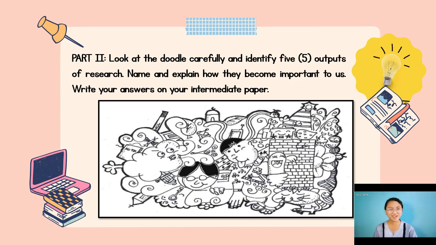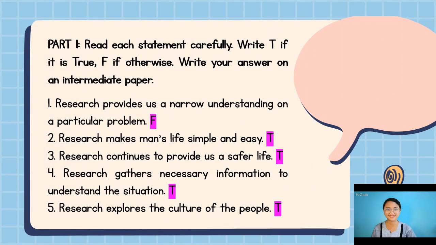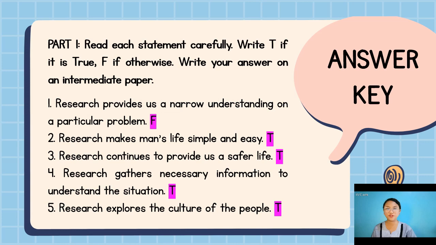Good job! So let's take a look at the answers key for the first part so you can evaluate yourselves too. Here's our answers key. For number 1, the correct answer is false. Number 2, true.